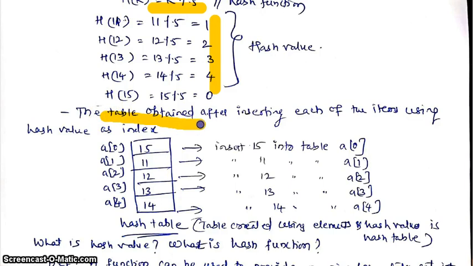After inserting each item, the table is obtained, so we need to insert each item into the hash table based on its key value. Where is 15 stored? 15 is stored at index 0, so 15 is inserted into A of 0. 11 is inserted into A of 1, 12 is assigned index A of 2, 13 is assigned A of 3, and 14 is assigned A of 4. This is the hash table.